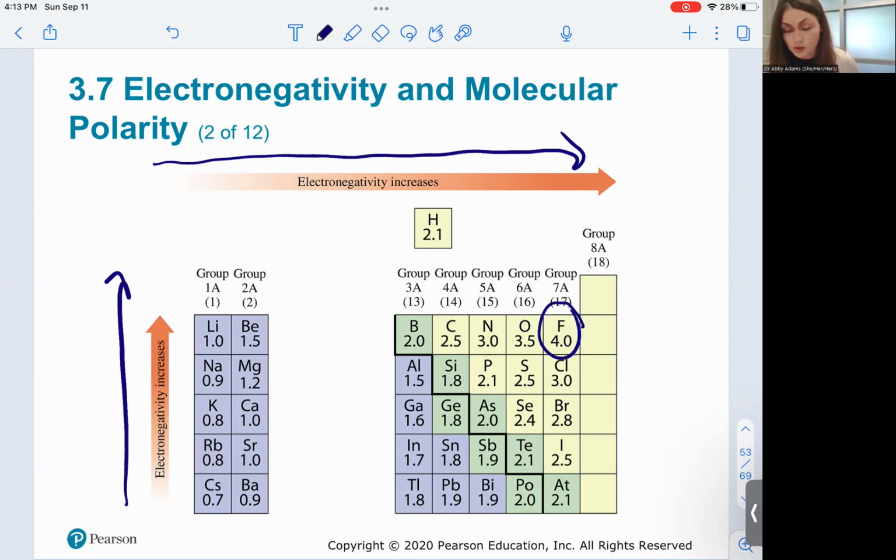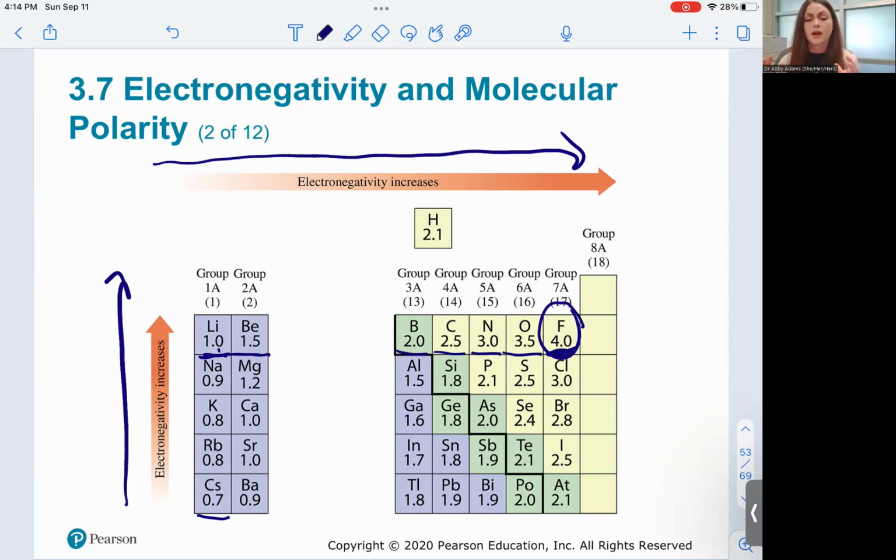Fluorine. I told you how much fluorine really wants to just get that one more electron. It really wants it really bad, so it has a really high electronegativity. You see a 4.0 value of electronegativity. That's the highest value. You can see everybody else in relation to that: 0.7 to 1, 1 to 1.5 to 2 to 2.5, 3, 3.5 across the periodic table.